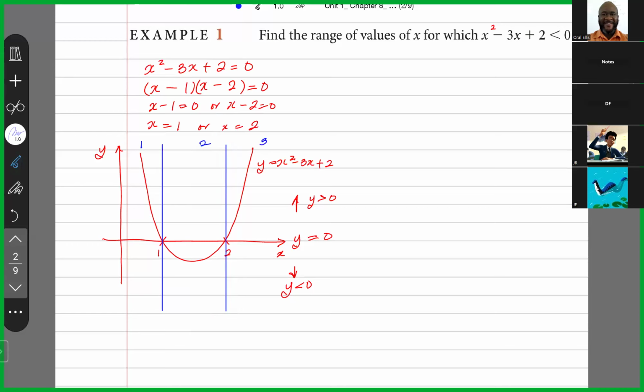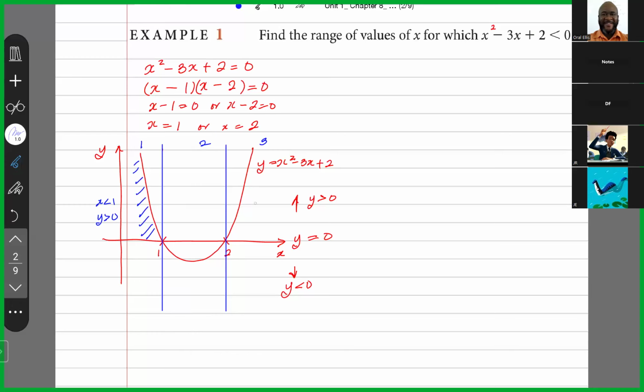Now, in this region of the graph, this is where x is less than 1, but y is greater than 0.